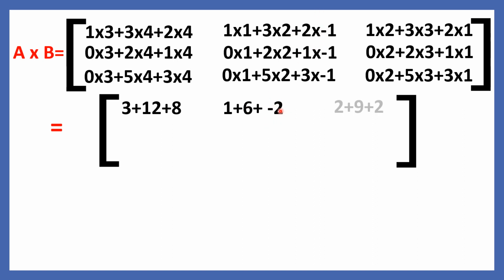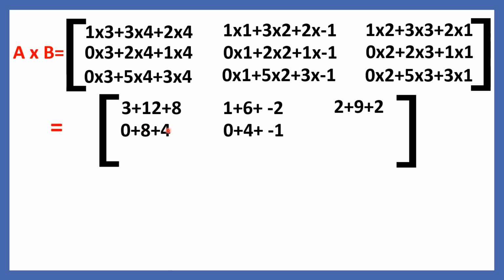Now coming to the next element, 1 into 2 is 2, plus 3 into 3 is 9, plus 2 into 1 is 2. Now coming to the second row, 0 into 3 is 0, plus 2 into 4 is 8, plus 1 into 4 is 4.